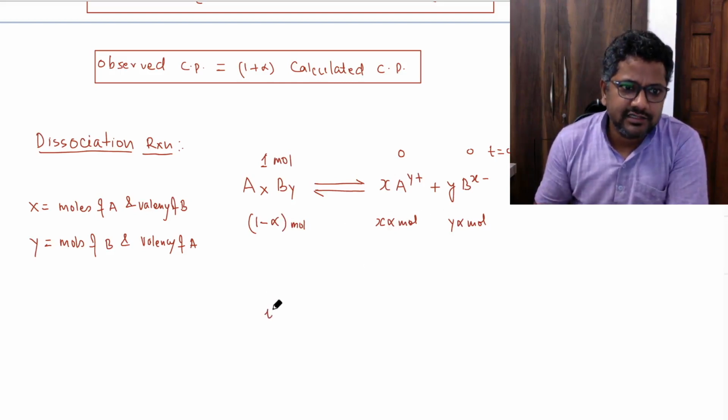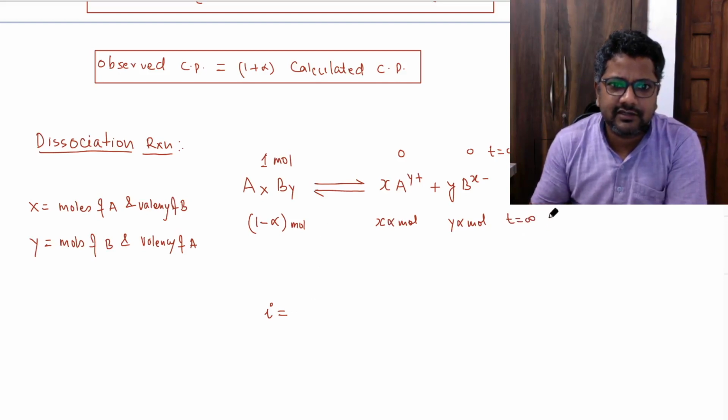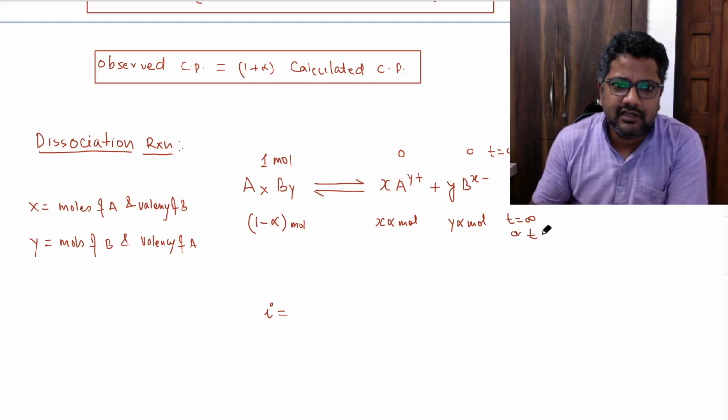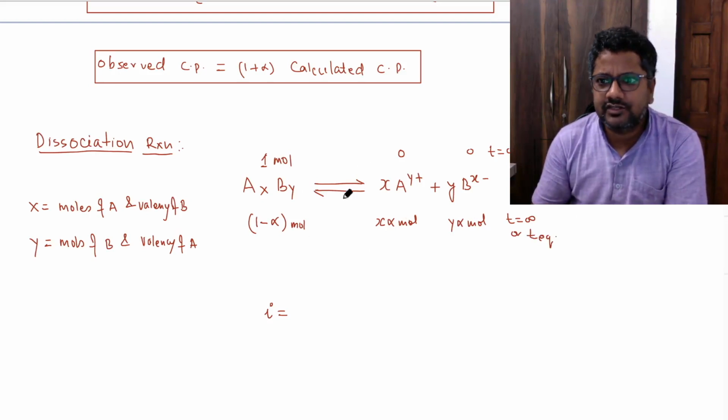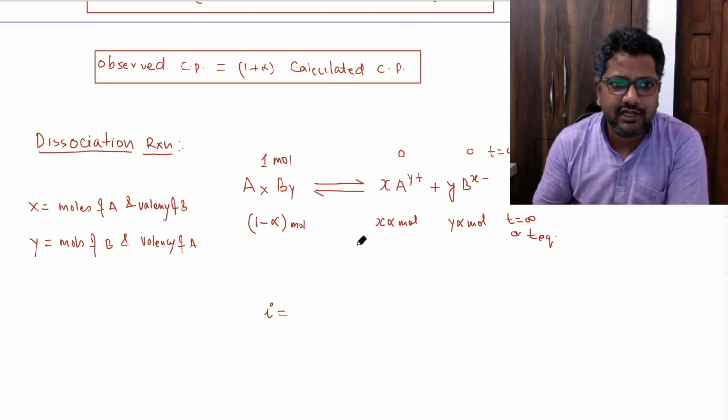So at equilibrium, at t infinite, the net reaction stops, there is no net change in the quantity. At this time you can make the measurement, right?